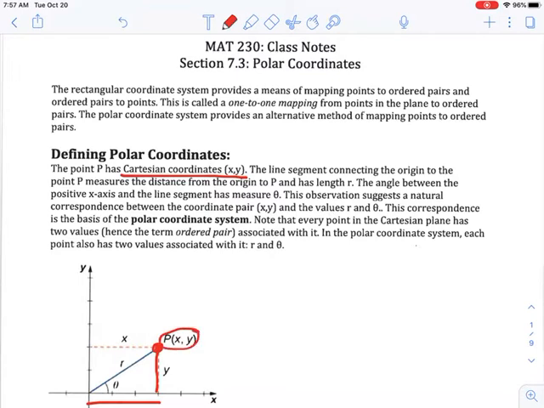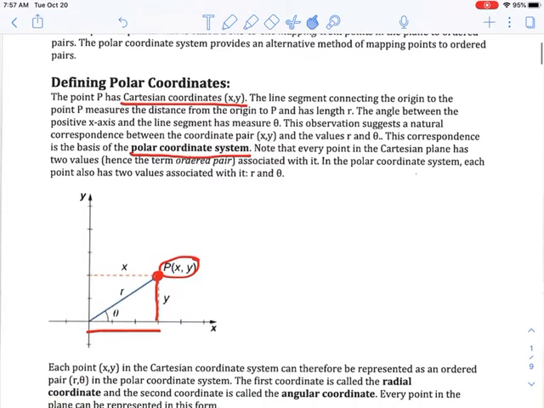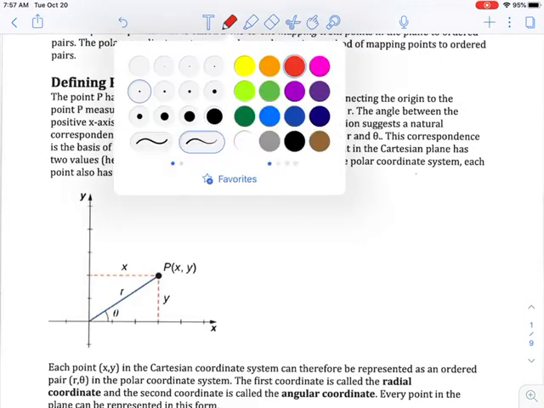Well, there is another way that we can plot points in the plane, and that is using what we call the polar coordinate system. The polar coordinate system, as opposed to the Cartesian coordinate system, doesn't use an x and a y value, but rather uses an angle and a distance.